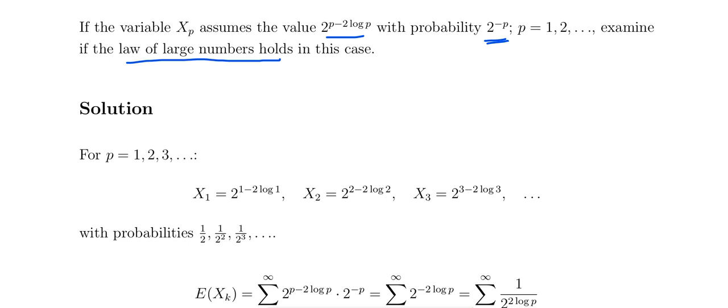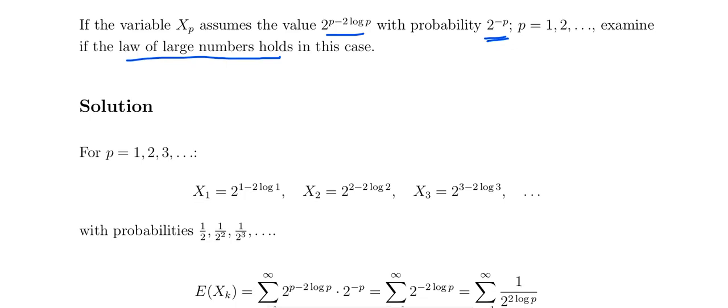Actually, X_p assumes the value கொடுத்திருக்காங்க with the probability இது கொடுத்திருக்காங்க, p equal to 1 to 3. அப்படினா x1 என்ன 2 power 1 minus 2 log 1, x2 என்ன 2 power 2 minus 2 log 2, x3 என்ன 2 power 3 minus 2 log 3. அதுக்கு probability என்ன 2 power minus p, that is 2 power minus 1 னா 1 by 2, 2 power minus 2 னா 1 by 2 square, 2 power minus 3 னா 1 by 2 cube. இதுதான் corresponding probability.